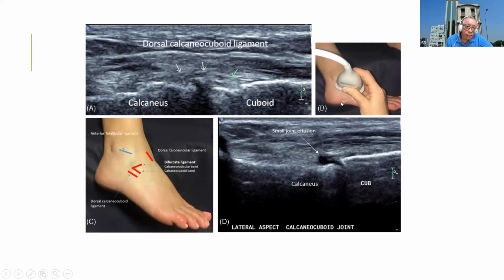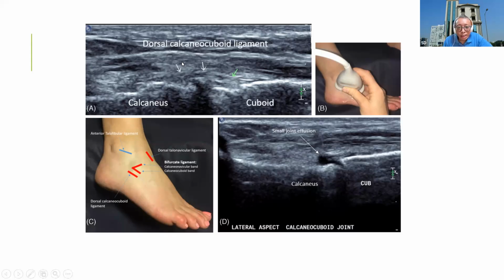Here the probe is just parallel to the sole of the foot, and if you put one end of the ultrasound probe at the calcaneum and another end at the cuboid, then you can see the calcaneocuboid part of the bifurcate ligament. And if you rotate the probe, the distal part of the probe more towards the great toe, then you will be able to see the calcaneonavicular part of the bifurcate ligament.